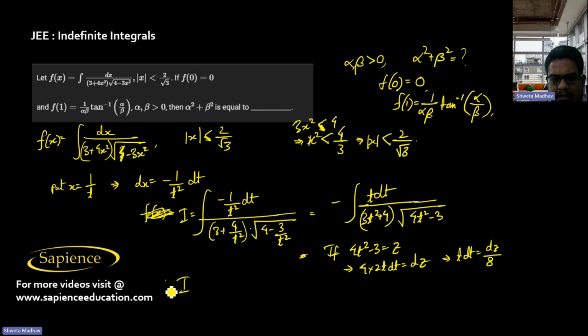Therefore the integral I can be written as integral minus 1 by 8 dz by, so t square will be (z plus 3) by 4, 3 into (z plus 3) by 4 plus 4, into 4 into root over z.